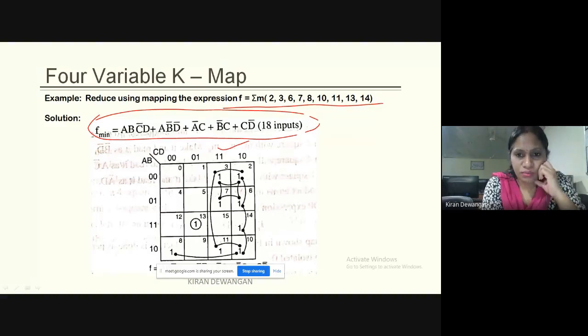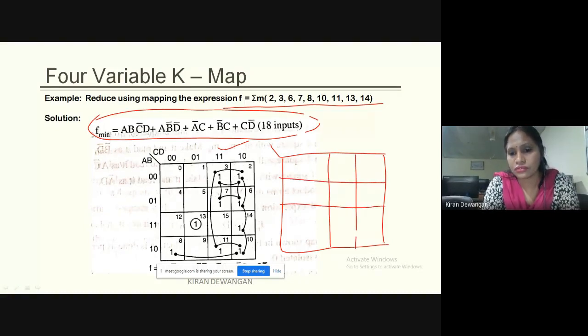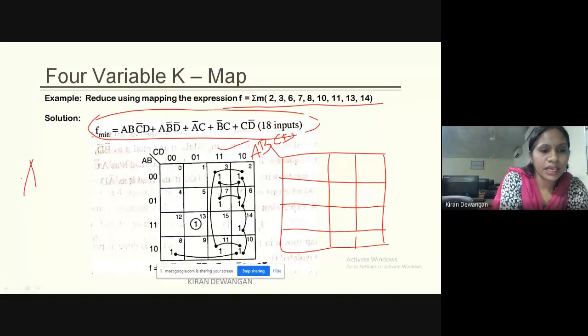Now we'll just map it. Let me do it for you. This is how we'll design our K-map. Here, this side it will be AB, this side CD, as we always write A, B, CD.